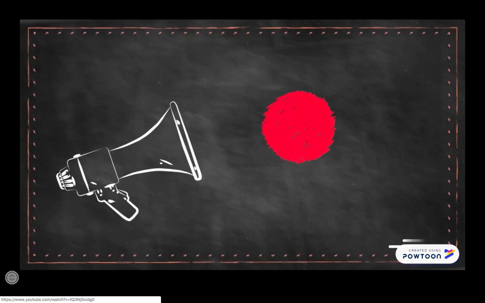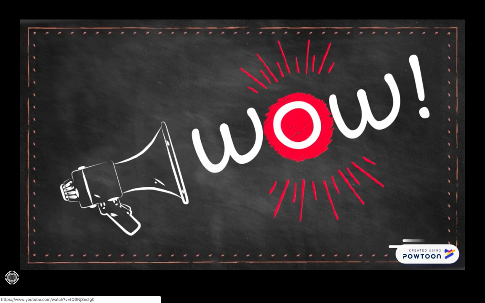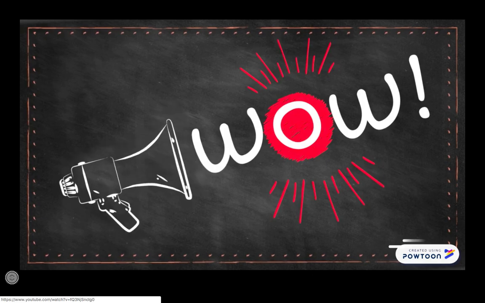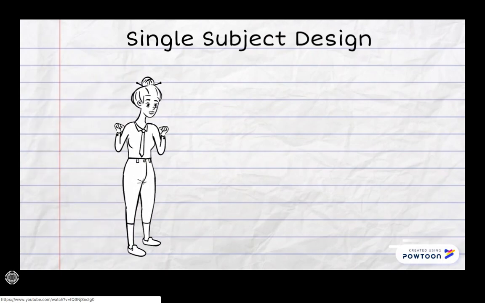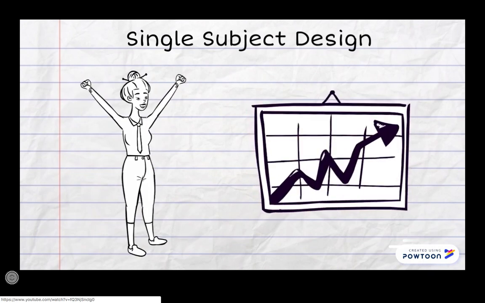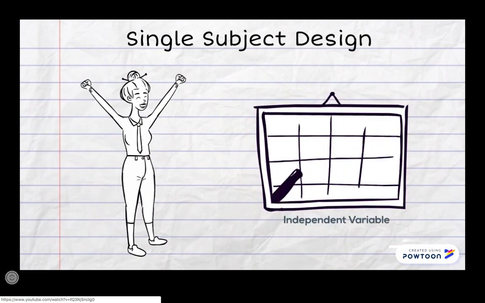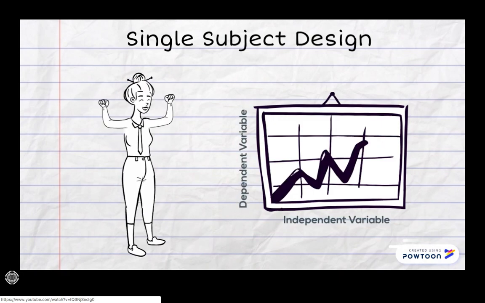Single subject design is the most common experimental design that researchers use. When using a single subject design, researchers focus on an individual to see how manipulation of an independent variable can impact the dependent variable.